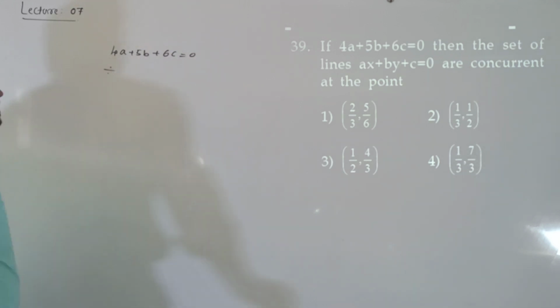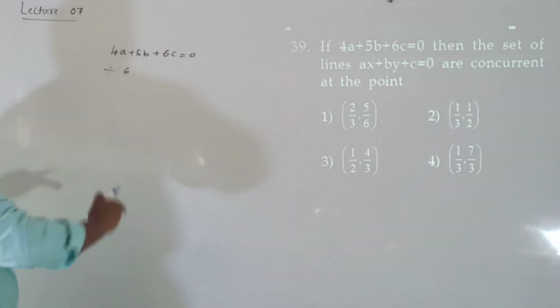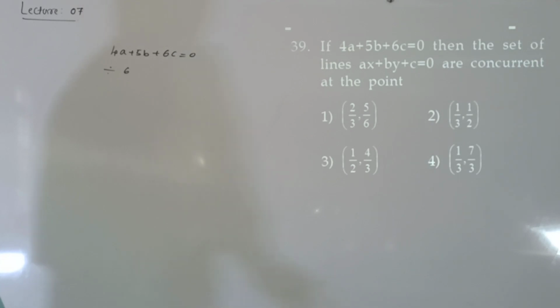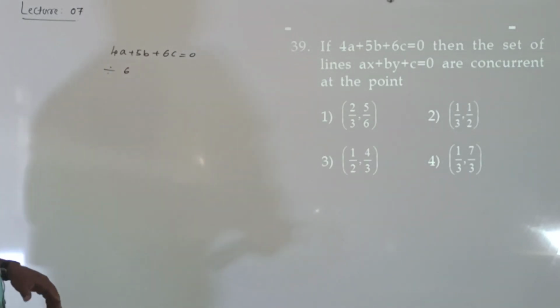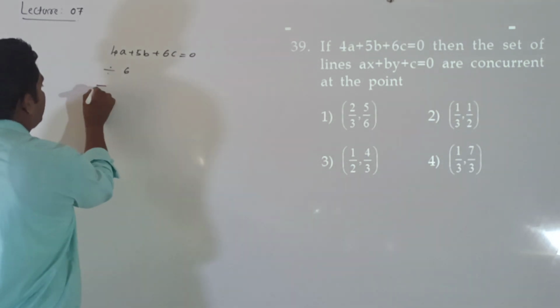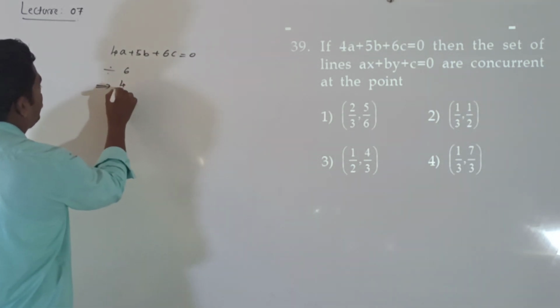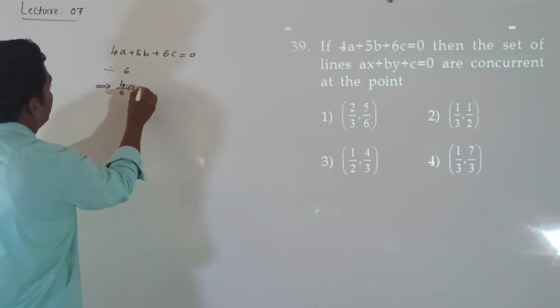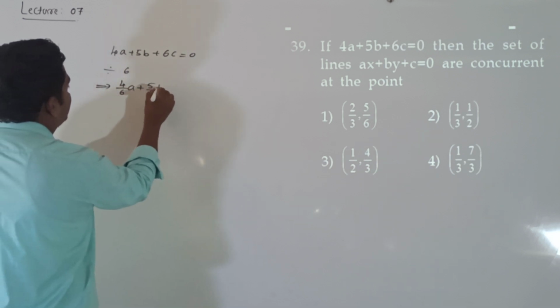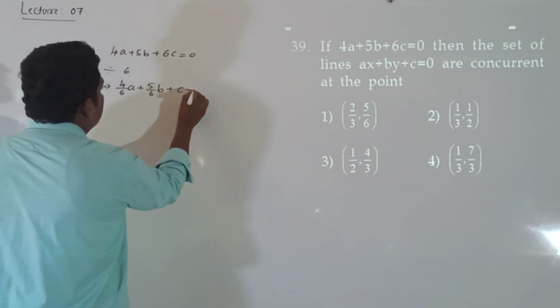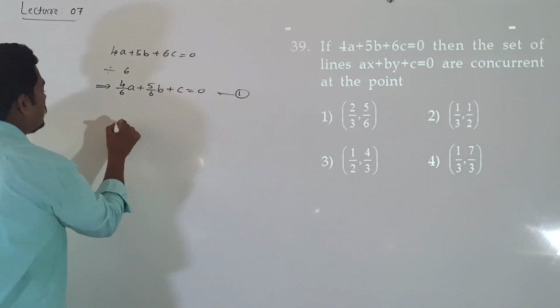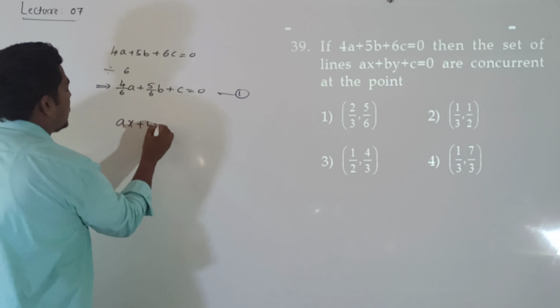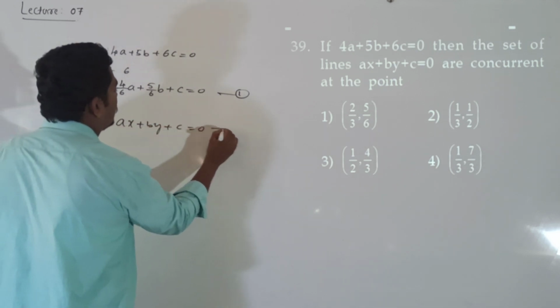Just dividing with 6, then only we get ax plus by plus c form. Just write this condition in the form of ax plus by plus c equal to 0. Dividing with 6, it will be 4 divided by 6 into a plus 5 divided by 6 into b plus c equal to 0. This is one condition. And one more condition, ax plus by plus c equal to 0.